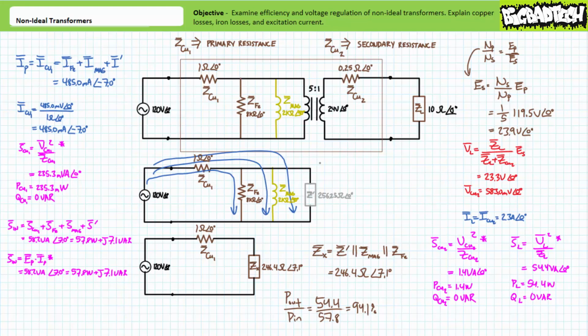However, in this increasingly sophisticated model, you'll note of the 120 volts applied to the primary, only roughly 119.5 volts got there because of the small voltage drop across the small resistor accounting for the internal resistance of the primary windings. Additionally, of the roughly 23.9 volts applied to the secondary winding, only roughly 23.3 volts appeared across the load because of the small voltage drop across the small resistor accounting for the internal resistance of the secondary windings.